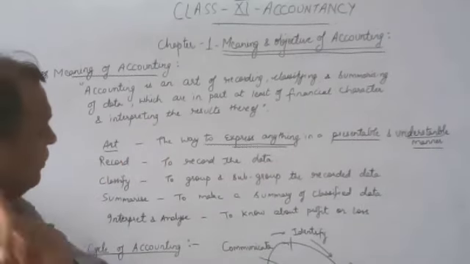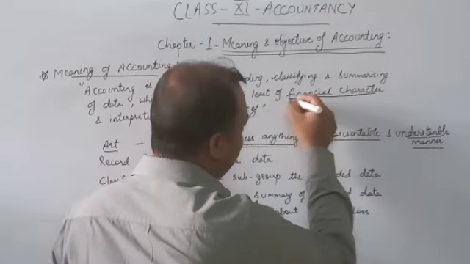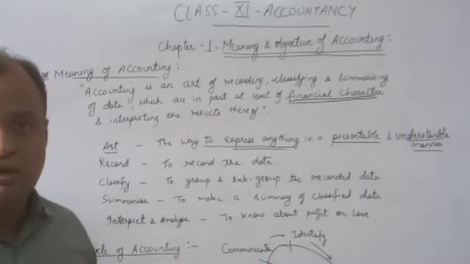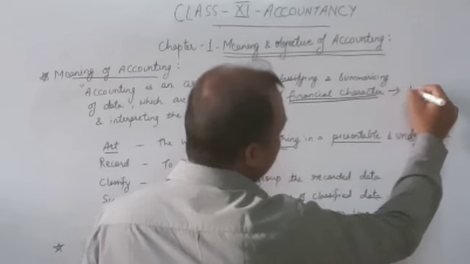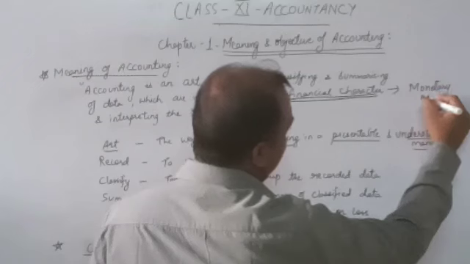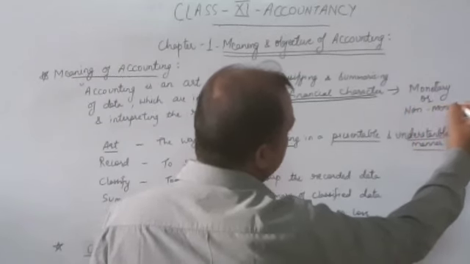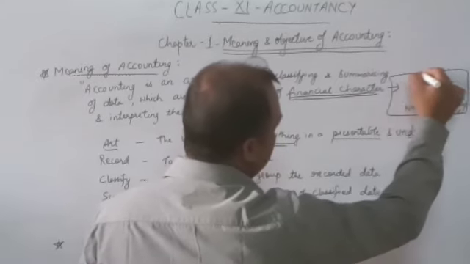Now, one very important word which I am right now underlining is financial character. Financial character, dear student, means whether a data is monetary or non-monetary. This has to be very much clearly understood.